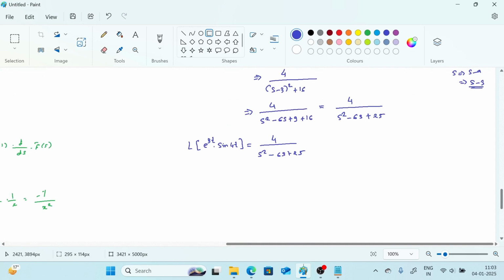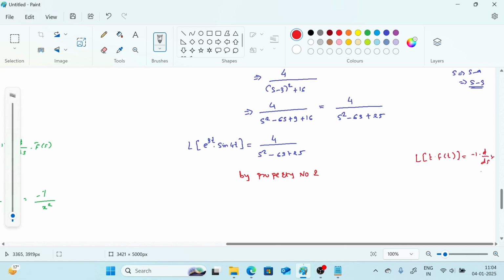Now I am going to apply property number 2. What is property number 2? Laplace of t f of t is equal to minus 1 d by ds of f bar of s.